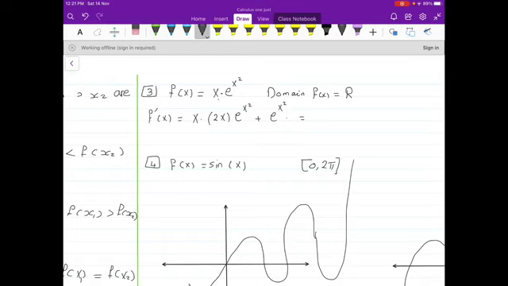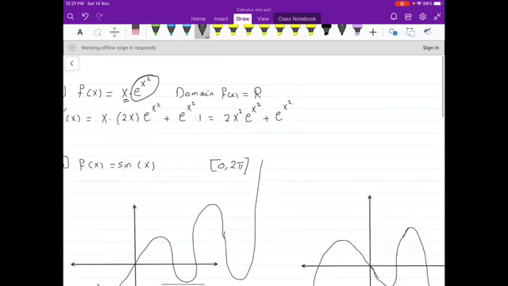So how do we differentiate a product of two functions? The first, x, times the derivative of this function, which is the derivative of the power 2x times the function itself, plus e to the power x squared times 1. So this is equivalent to 2x squared e to the power x squared plus e to the power x squared.